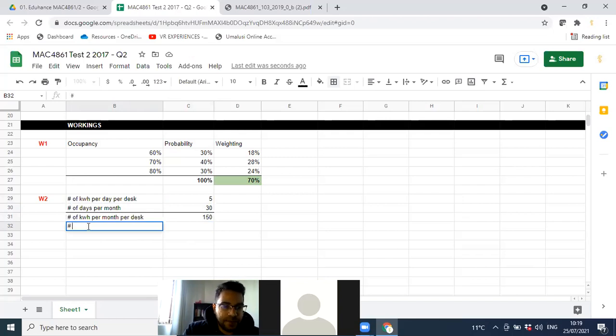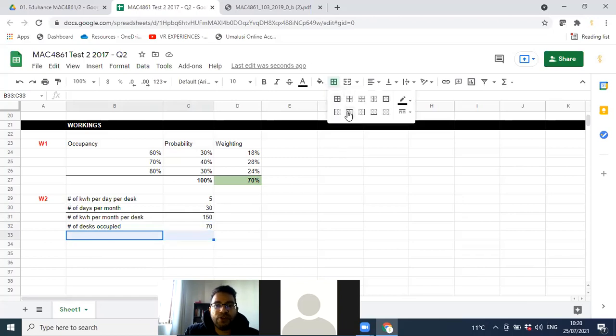The number of desks occupied. Remember, you will only use the number of desks that are occupied. They're not going to use all the desks. So it's going to be equal to 100 times 70%, so only 70 desks per day. Only 70% of the place will be occupied based on their numbers, so we don't use 100.